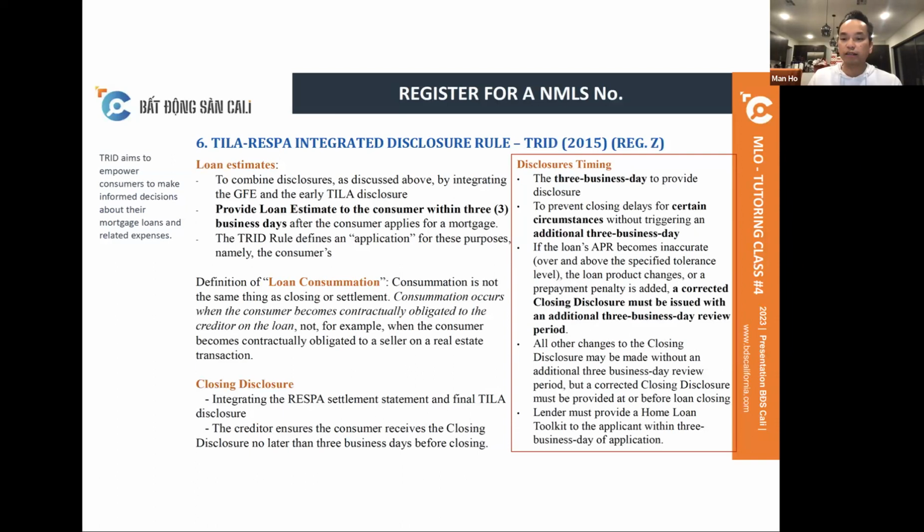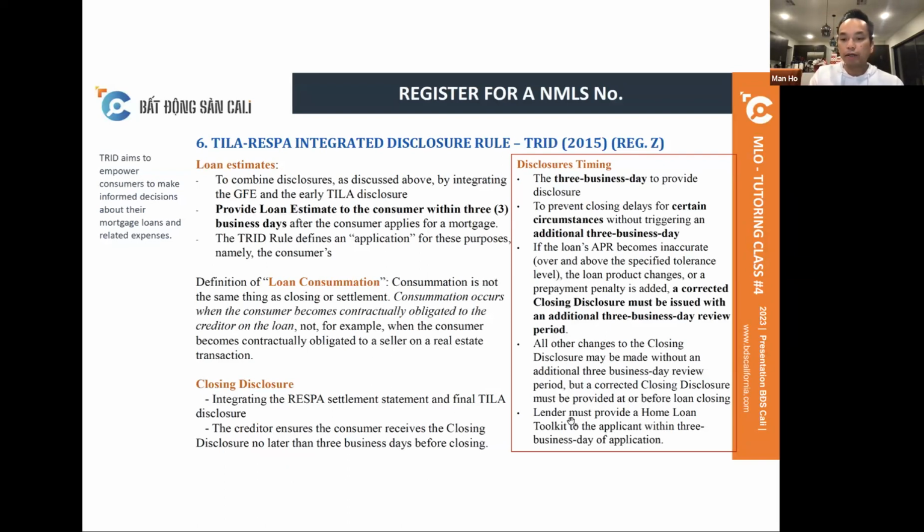So any change that affects the CD needs to be disclosed with an additional 3 days. Some changes may be made without any additional 3-day period, but a corrected disclosure must be provided at or before loan closing. So sometimes a minor change doesn't need 3 days, but the revision needs to be provided at closing.